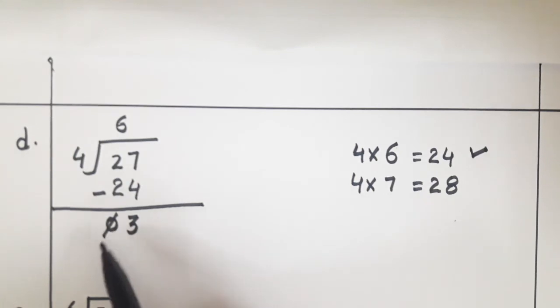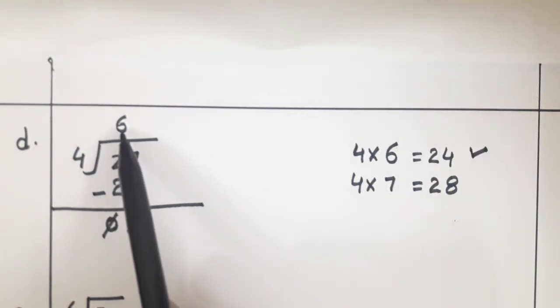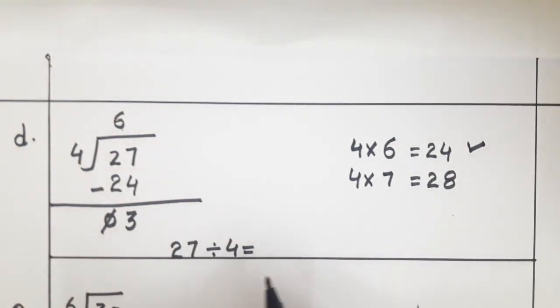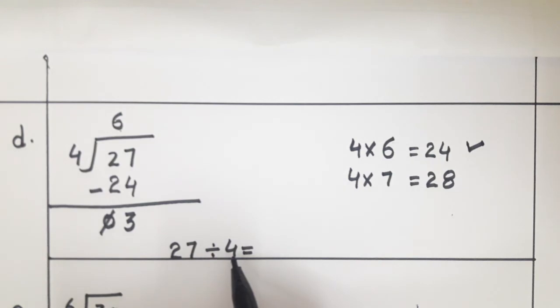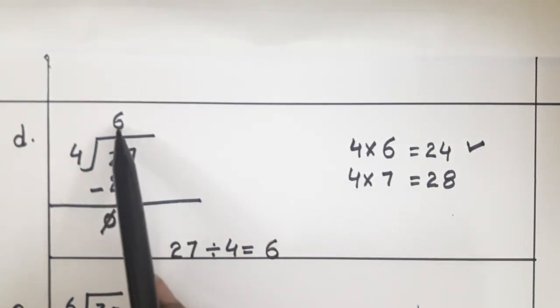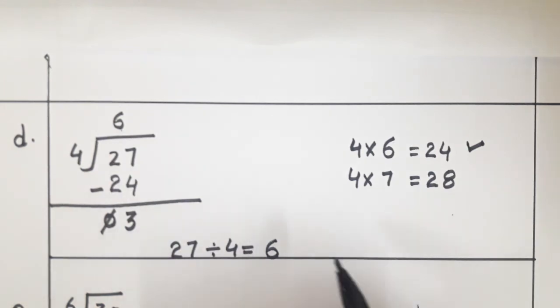But this 0 has no value. So our answer is 6, remainder 3. So you can write 27 divided by 4. The answer is 6. First of all, we will write the quotient over here, 6, and the remainder is 3. This is our answer.